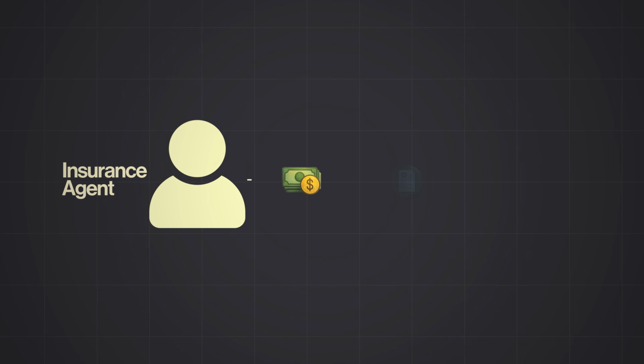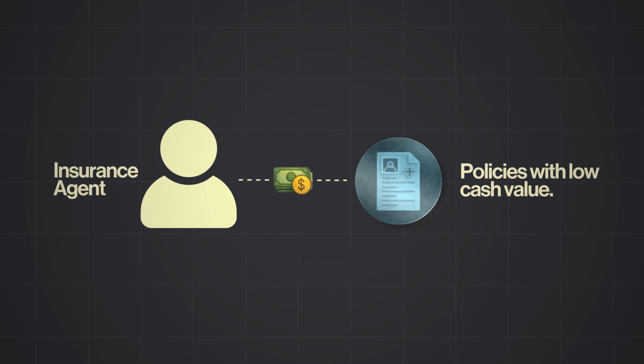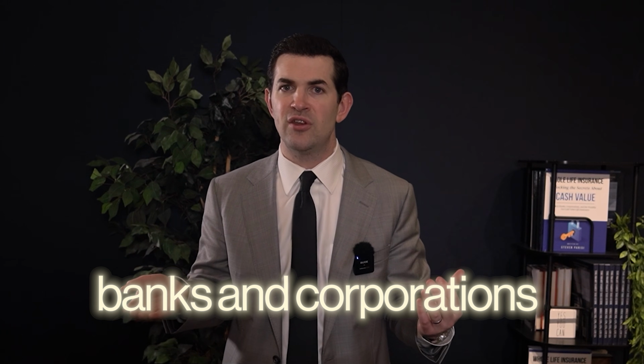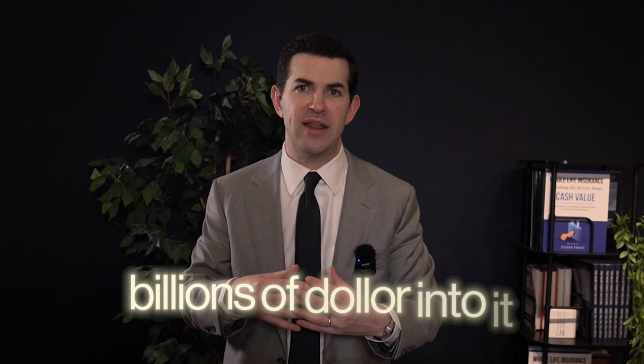And the big problem is that agents are incentivized to sell policies with low cash value. The truth is, if it was such a bad product, banks and corporations would not put billions of dollars into it. I would not question whether life insurance actually works. Instead, I would question the specific policy you're being offered.